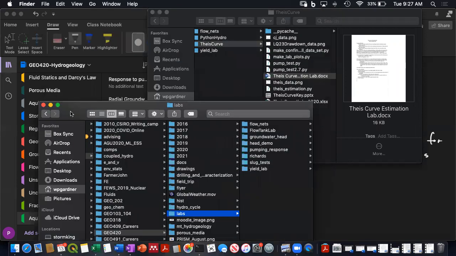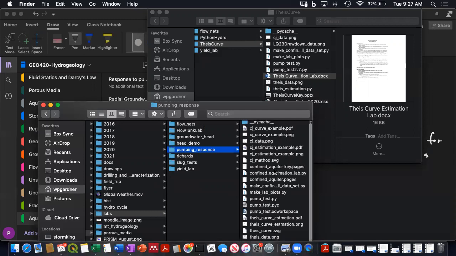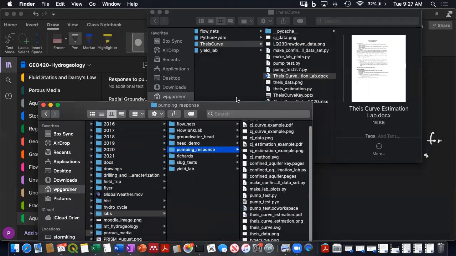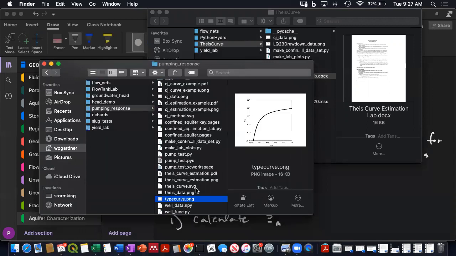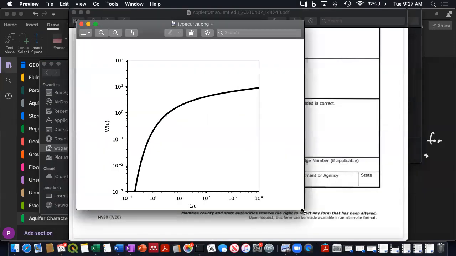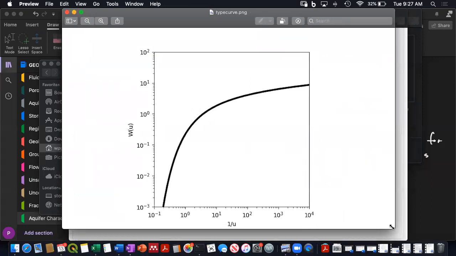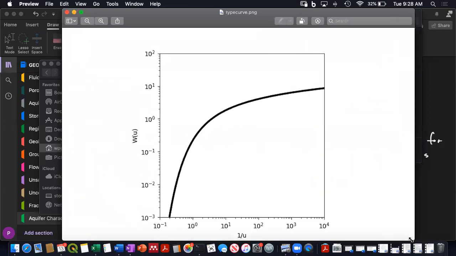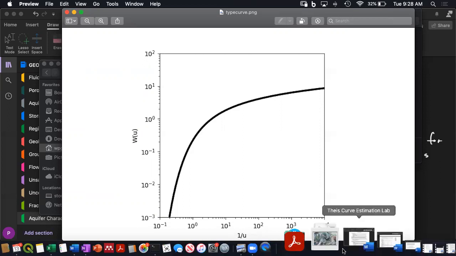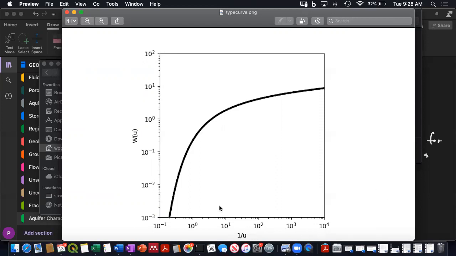Somewhere I have a bunch of them, but where is that? So here is what we call a type curve.